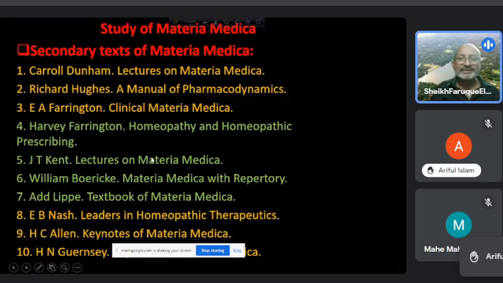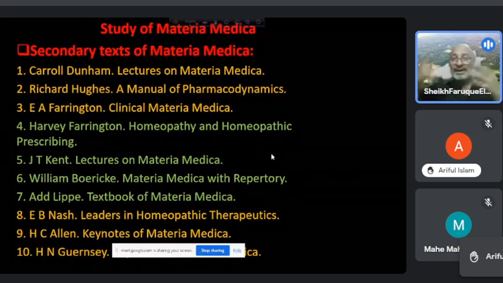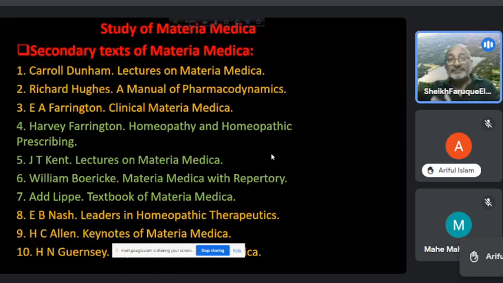Then Dr. J.T. Kent's Lectures on Materia Medica, it does not need any explanation, any elaboration. This is the best book of that time on materia medica. Why best? Because they say Kent is the one who first tried to picturize a personality of medicine as a personality of patient.